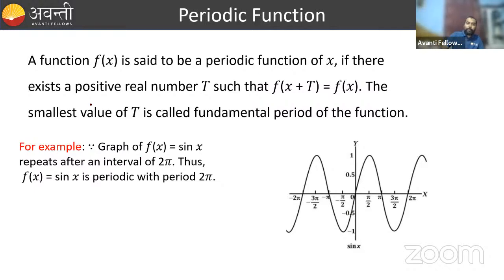If you have a function f of x, it is said to be periodic if there exists a positive real number t for which f of x plus t gives you f of x. Then the smallest value of t is called the fundamental period of the function.